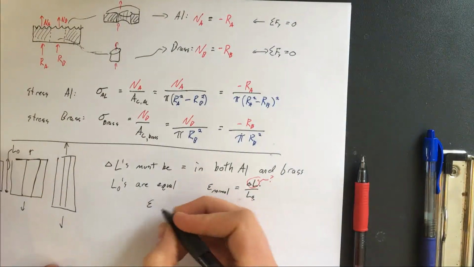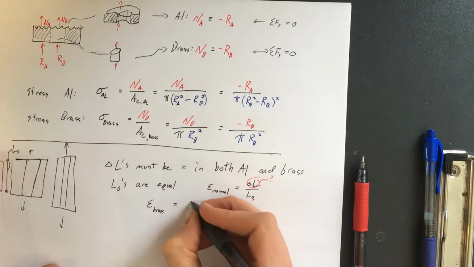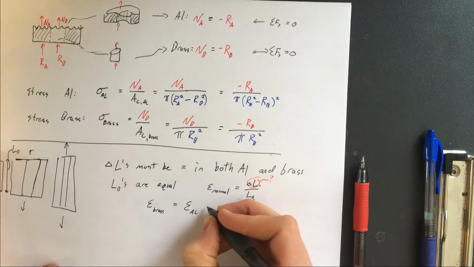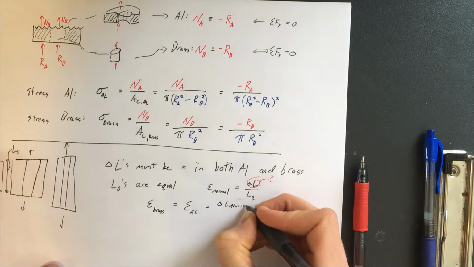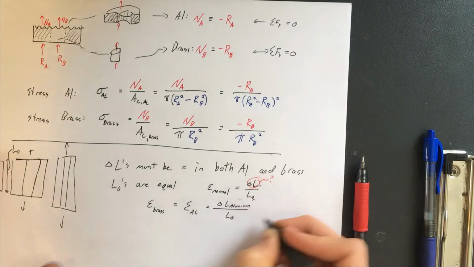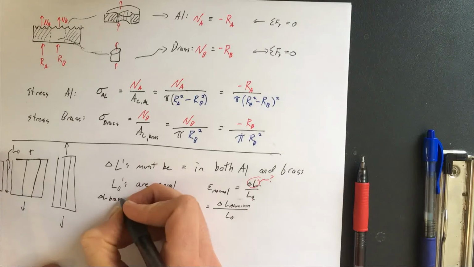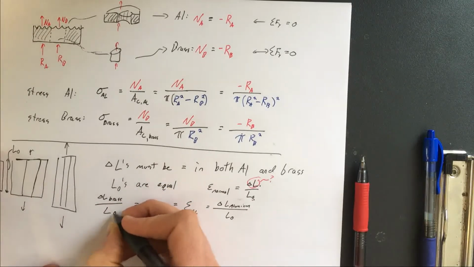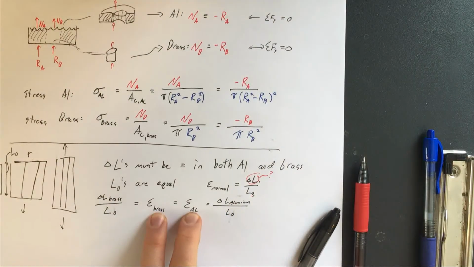This means that the strain in the brass must be equal to the strain in the aluminum, because the delta L in the aluminum over L naught must be equal to the delta L in brass divided by L naught. Because these L naughts are the same and the delta L's are the same, the strains must also be the same.